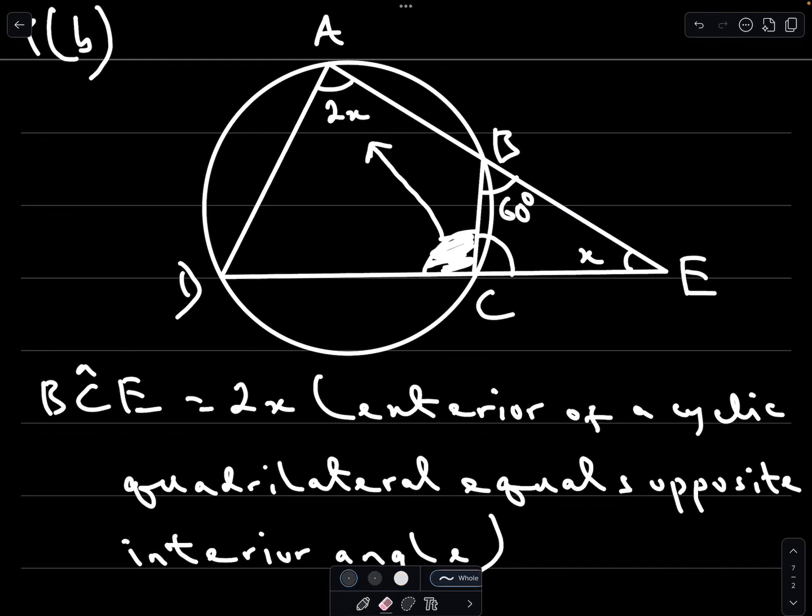So that's it. That means angle BCE is equal to 2x. So this angle is 2x.